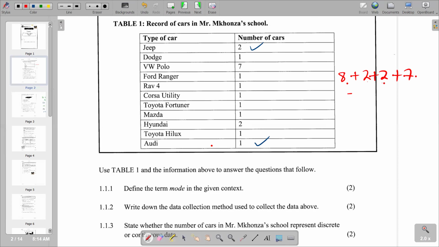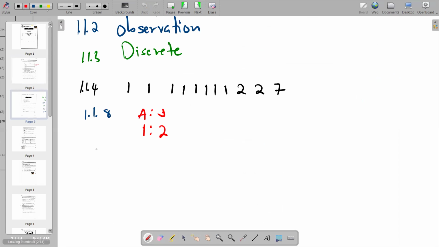So we are saying we have 19. 19 is the total number of cars that we have. So we can just represent it as such, whereby this is now 1.1.6, and this was 1.1.5. So we are saying 19.